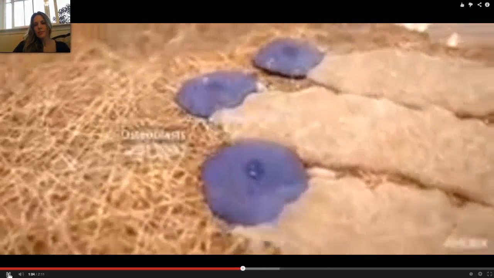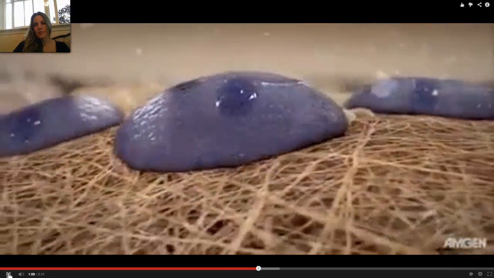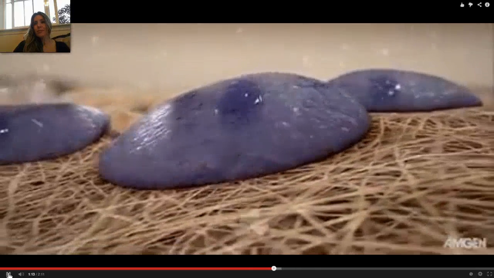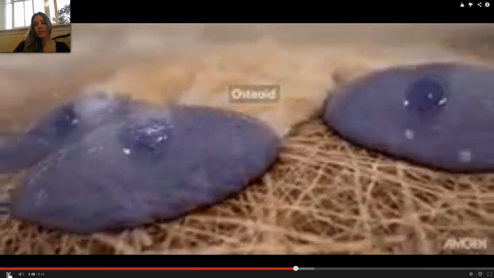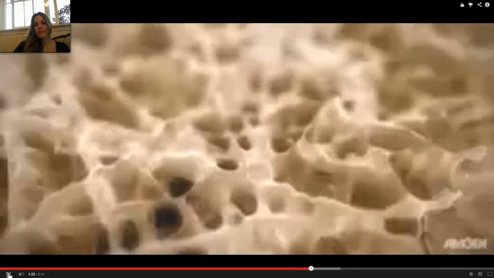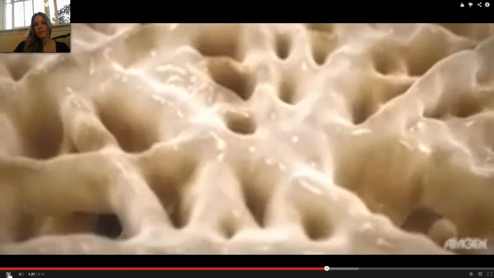The cells responsible for building new bone tissue are known as osteoblasts. Osteoblasts are thought to be derived from cells found to be associated with blood vessels. Osteoid, which is predominantly made of collagen. Minerals start to crystallize around the collagen scaffold to form hydroxyapatite, the major inorganic constituent of bone, which contains calcium phosphate.